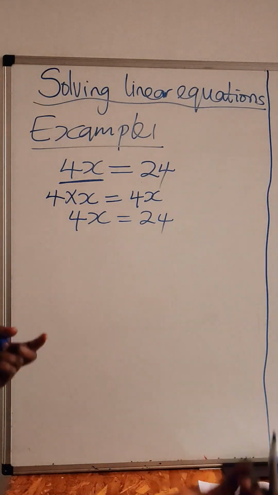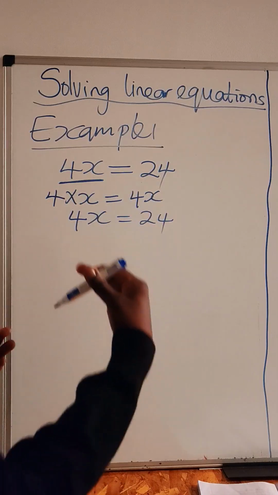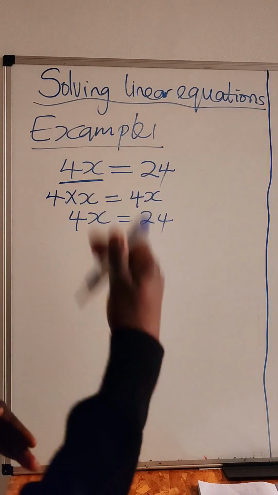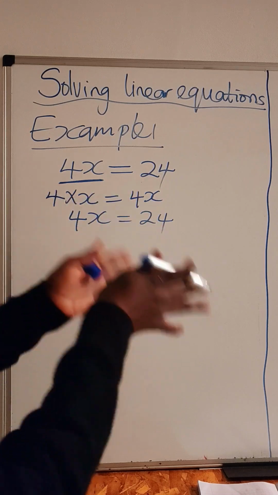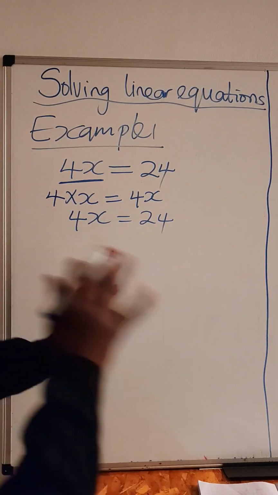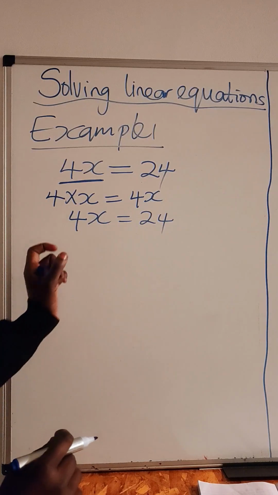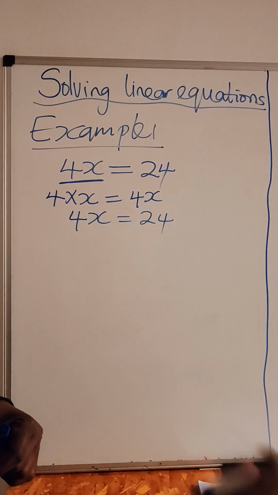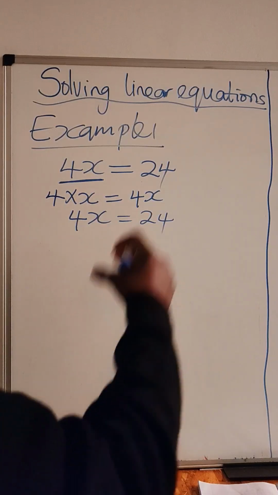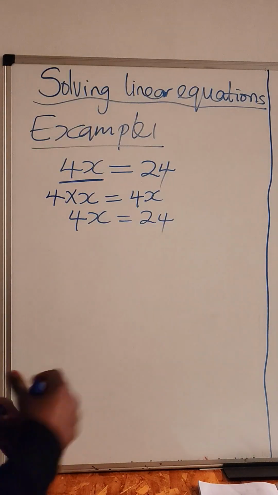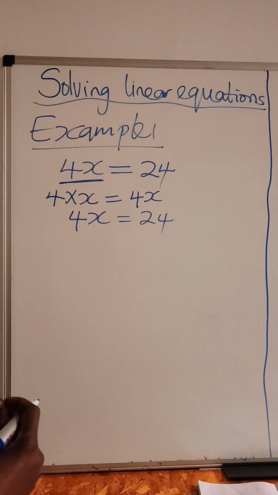In other words, we bring in an opposite relationship to negate the existing one, so that the unknown can stand alone and have its value straight away. In this case, where we have a multiplicative relationship, we introduce a divisible relationship to counter it, and we'll get the value of x.